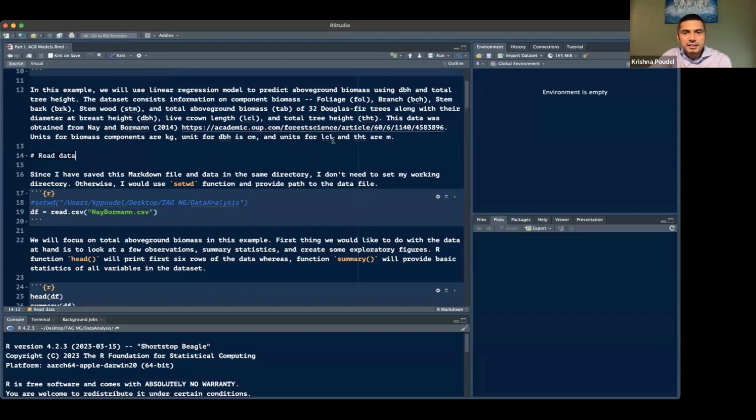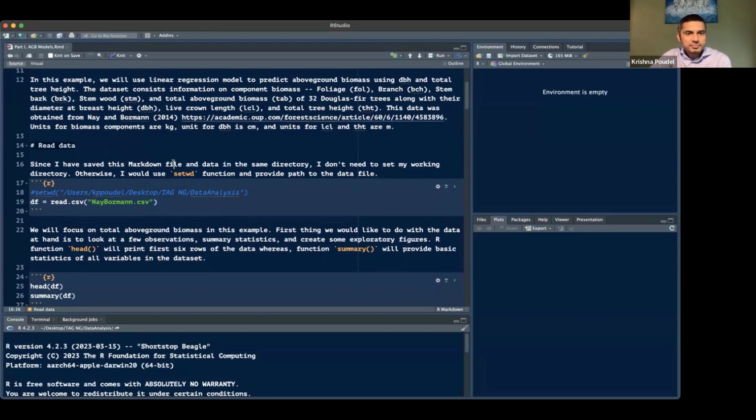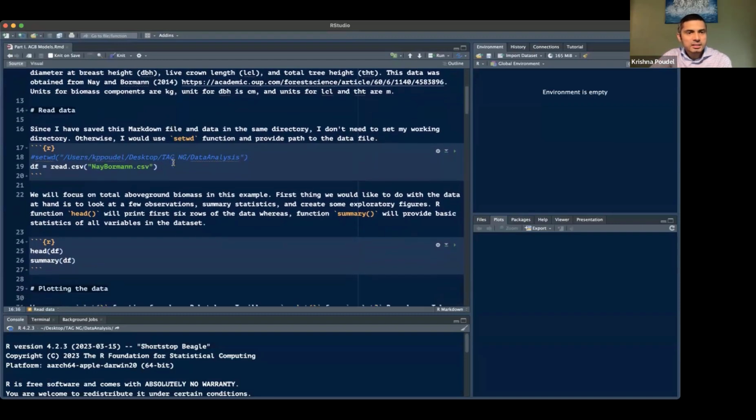The link is in there, so go to that link and try to download it if you want. Assuming most or all of you have experience reading data in a CSV file, it's not a difficult task. Because this is an RMD file, and I have saved the data and this RMD file in the same directory, I don't need to specify the working directory.